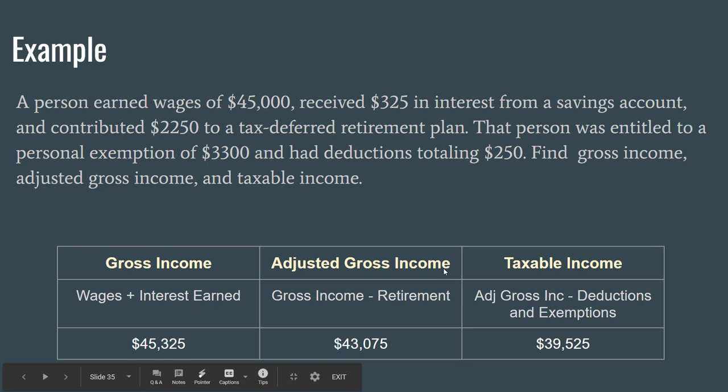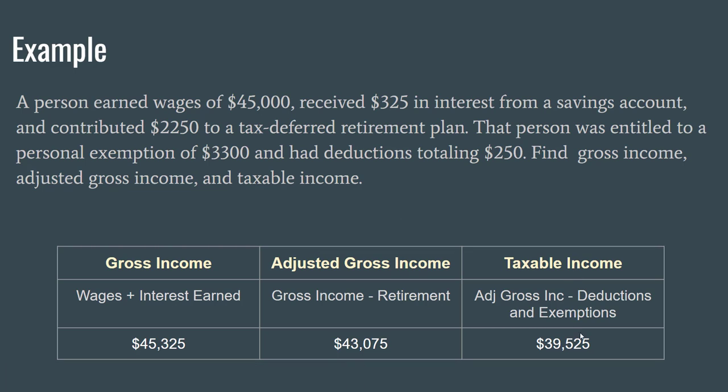Their adjusted gross income would be that amount minus what they put towards their retirement, so $2,250. And that is how I got this value. I would suggest having a calculator and go ahead and find the gross income minus the contributions to the retirement to find the adjusted gross income.